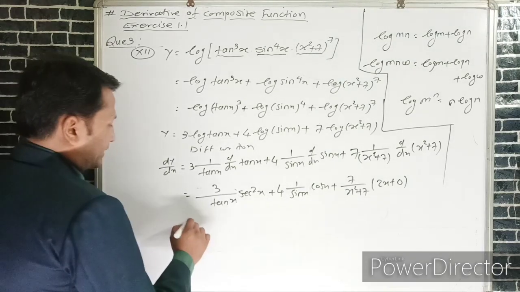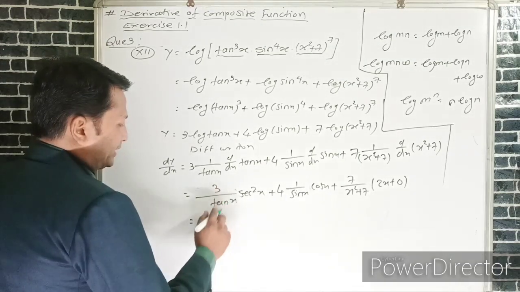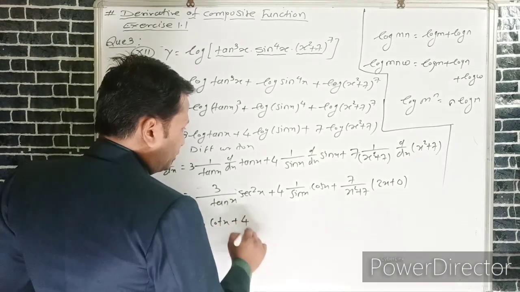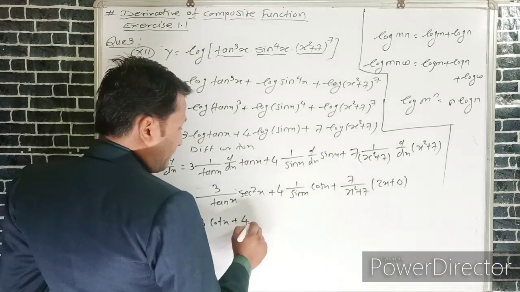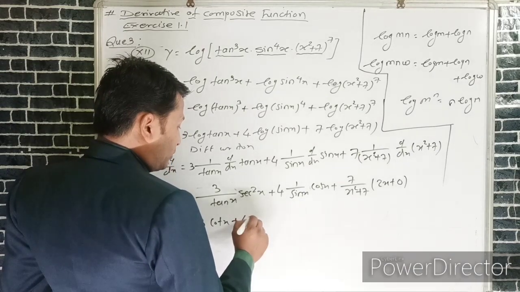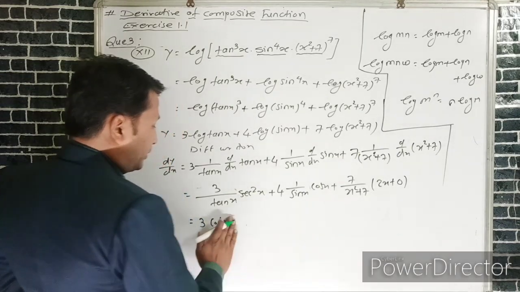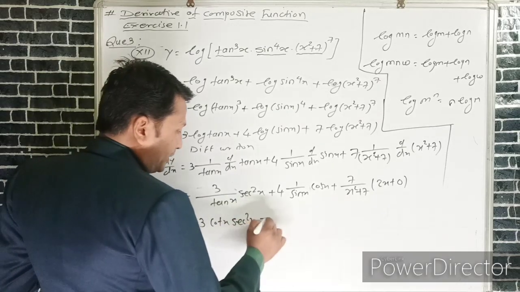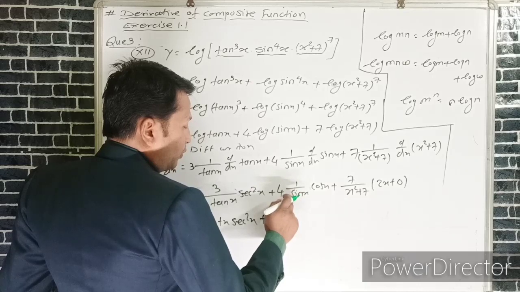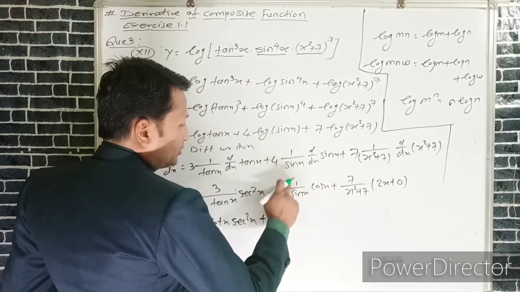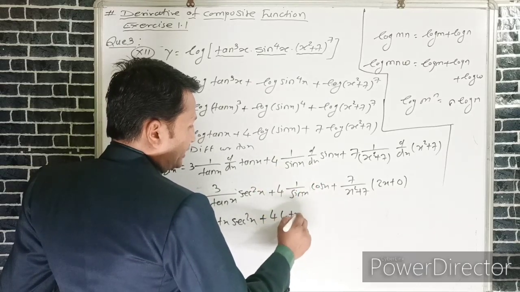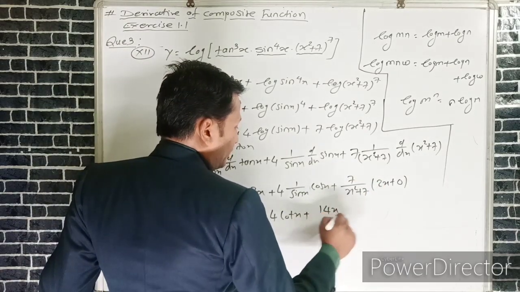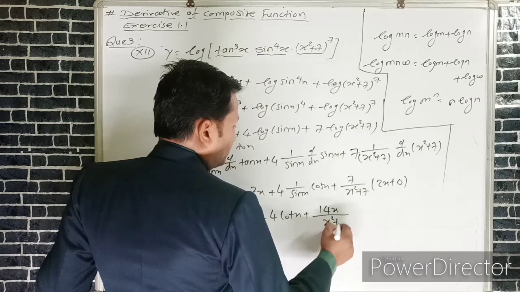After that, we can write 3 into 1 upon tan x, which means cot x, into sec square x as it is, plus 4 into cos x upon sin x, which is again cot x, plus 7 into 2 is 14x upon (x squared plus 7).